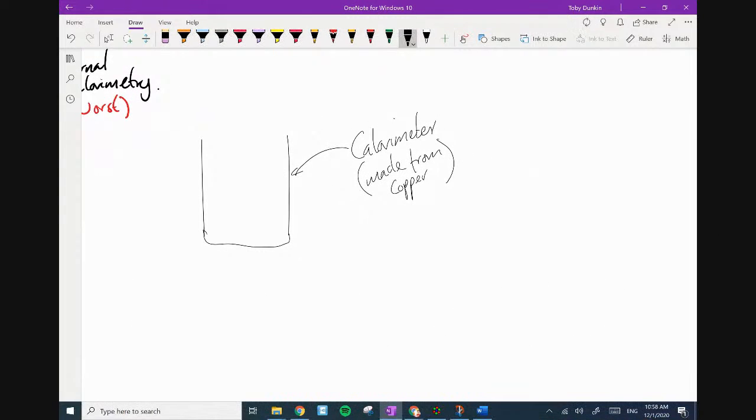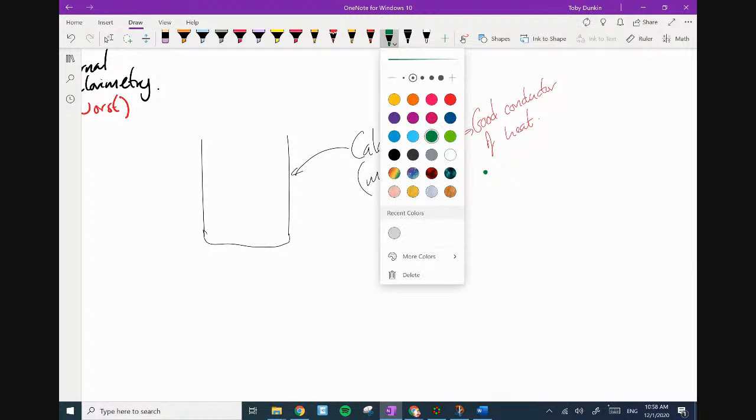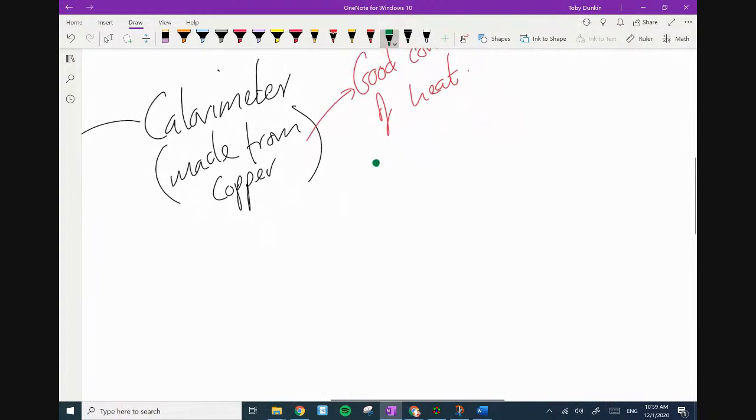Let's add that to our notes. Yeah, we've got good conductor of heat. However, it will absorb some. So this actually flags up as a problem as well. Isn't that funny? It's both a good thing and a bad thing.